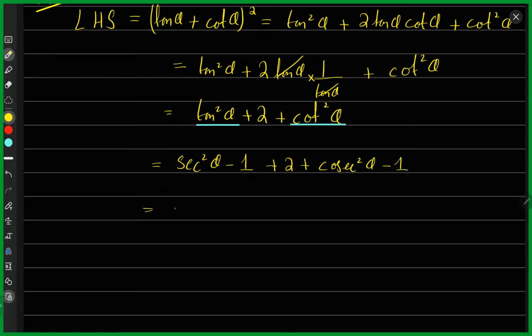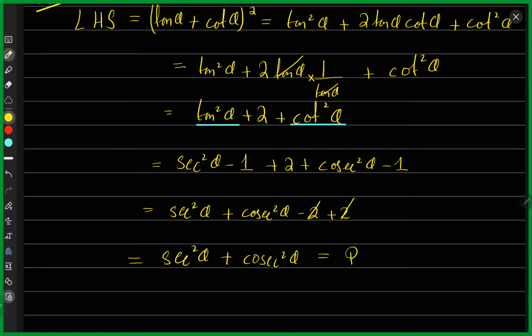And this would give me secant square theta plus cosecant square theta minus 2 plus 2. These two would be cancelled. And finally, I have secant square theta plus cosecant square theta. And this was basically the right hand side.